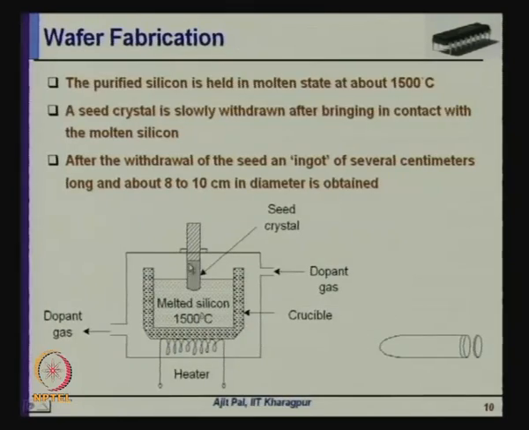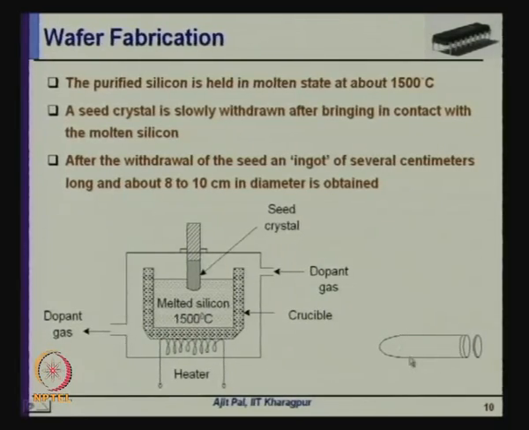As it is withdrawn, the molten silicon comes in contact with it, gets attached to the seed and takes the crystalline form, and as a result, as you gradually withdraw it from the molten silicon, an ingot in this form is created.